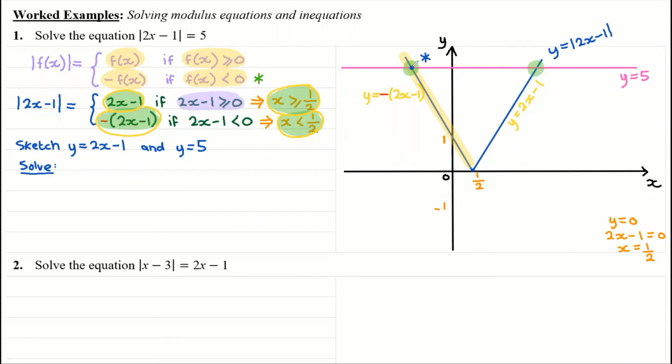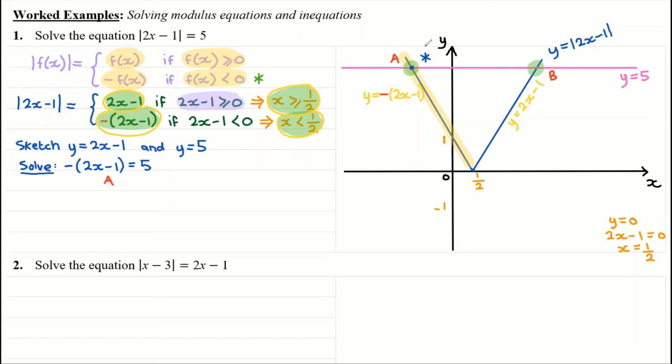So we're going to have to solve the equation minus 2x minus 1, which is the equation of the negative branch, is equal to 5. Okay. And why don't I label that? We'll call this point A, and we'll call this point B. And this will give us the x coordinate of A.